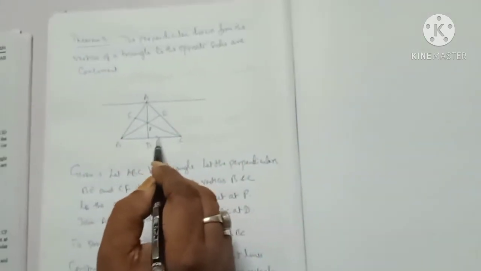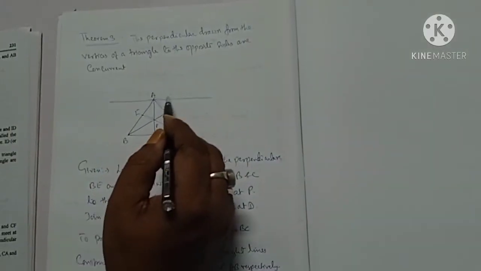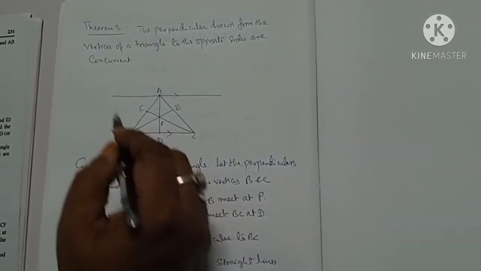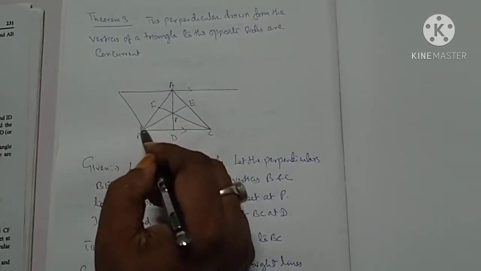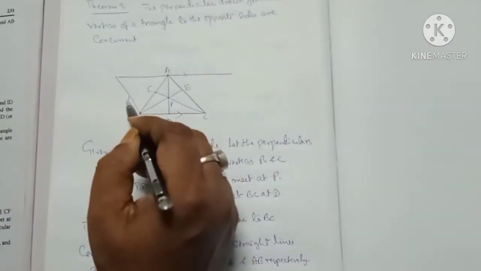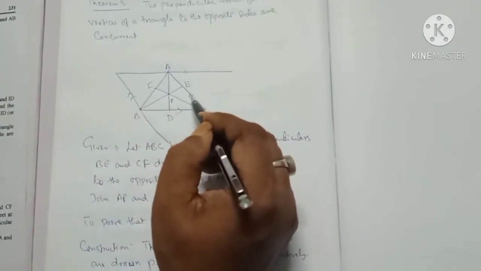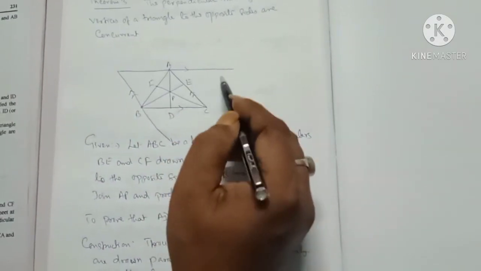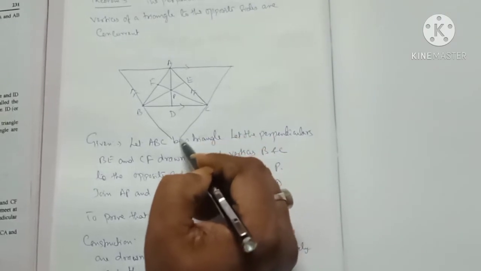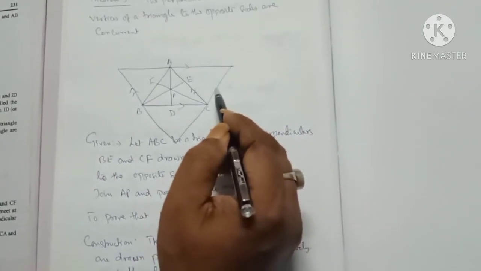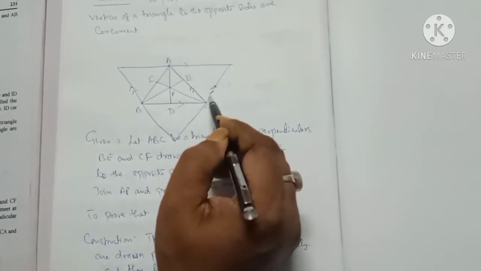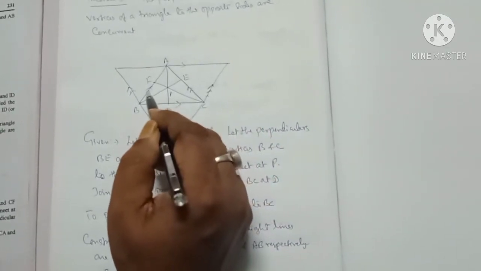See, through A a line is drawn which is parallel to BC, and through B a line is drawn parallel to AC, and through C a line is drawn parallel to AB.